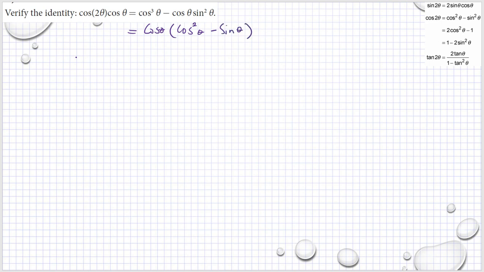And we know that the expression inside the parentheses is cosine 2 theta. Cosine theta multiplied by cosine 2 theta.